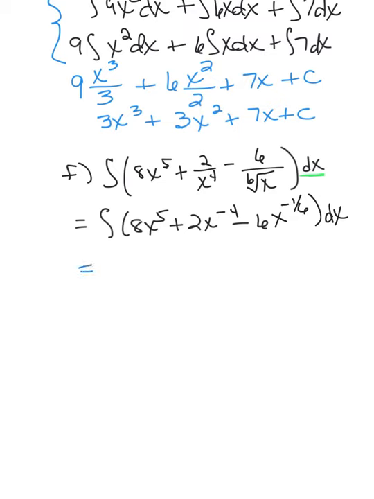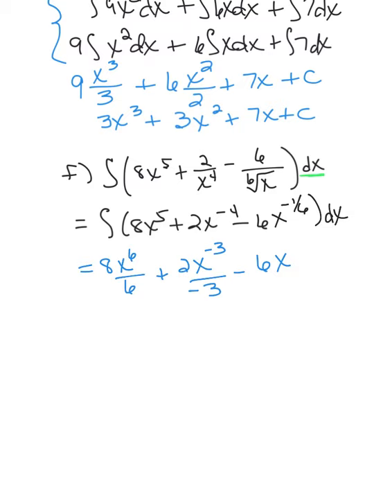So our first term, we keep the coefficient. Adding 1 to the power gives us x to the 6th, put it over the new power of 6. Plus, keep the coefficient of 2. Add 1, you're going to get x to the negative 3, put it over the new power of negative 3. Minus, keep the coefficient of 6.